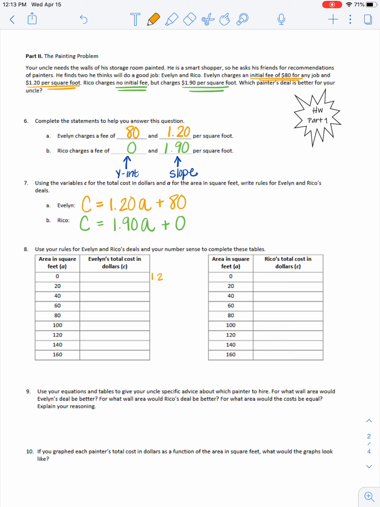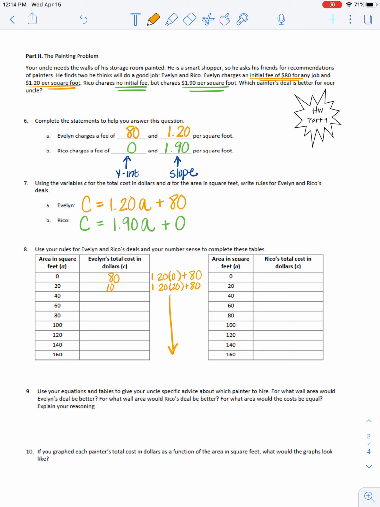So really all I'm doing is I'm going to take the x values and plug them in for the area. And I'm going to do that all the way down. You can use Desmos for this, or you can use your calculator on your phone, either way. I'm not going to write this all out, but I'm going to continue that process all the way down, just changing the area to 0, 20, 40, 60, 80, and so on.